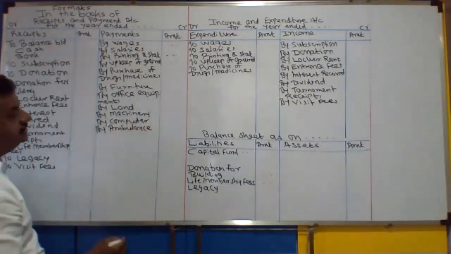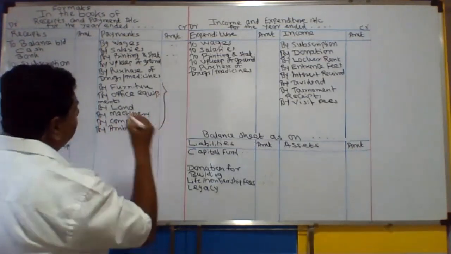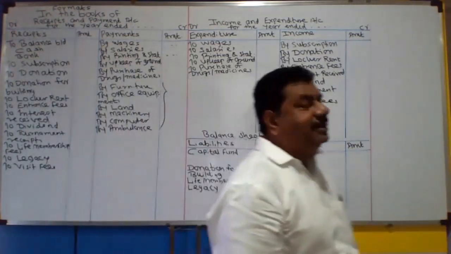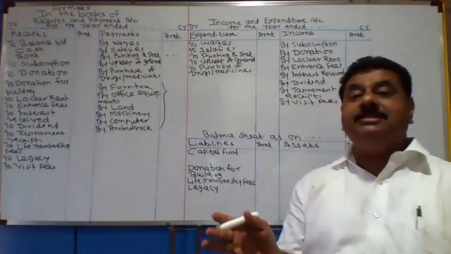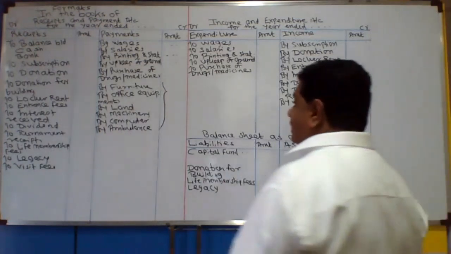So these are assets. The way to record all this, कहाँ पे आएगा ये सब? All these are assets, of course, to be recorded to balance sheet assets.